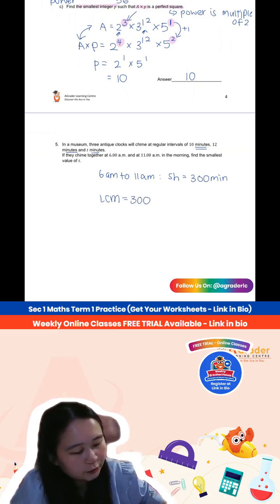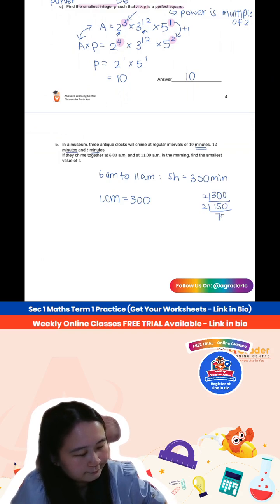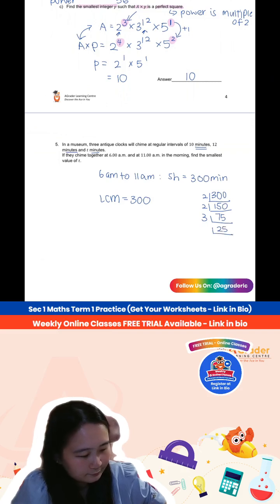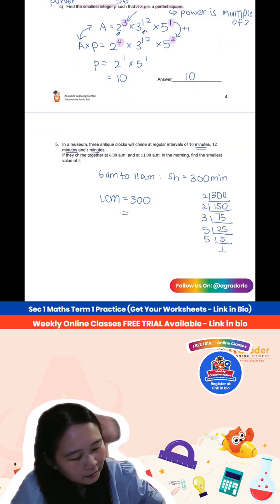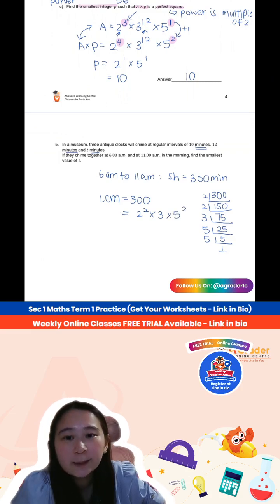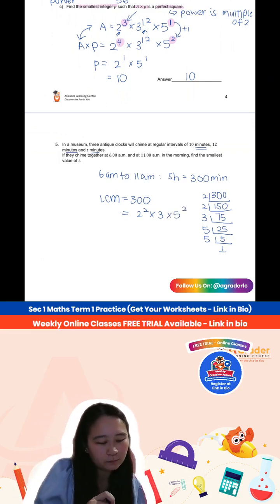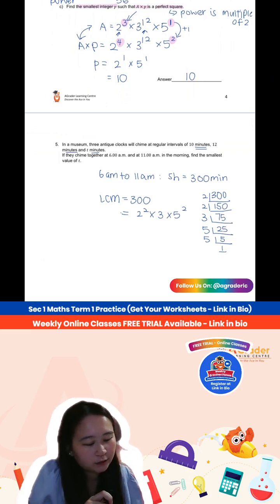LCM is 300. I prime factorize this 300. I'll get 2 square times 3 times 5 square. Okay, so this is my lowest common multiple.